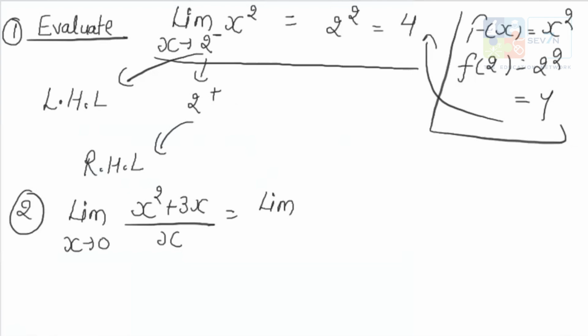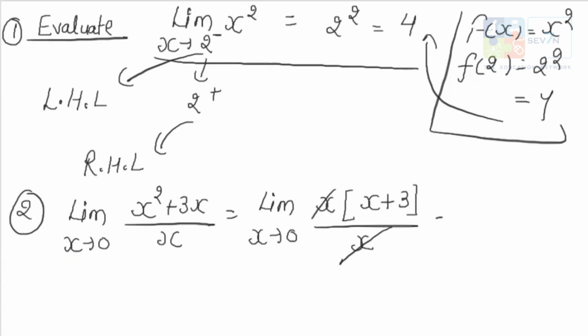In case of indeterminate form, you just need to remove the indeterminate form. How will we remove it? Just solve it. Can I take common x from the numerator? Yes. And now you can check this x cancels out, right?